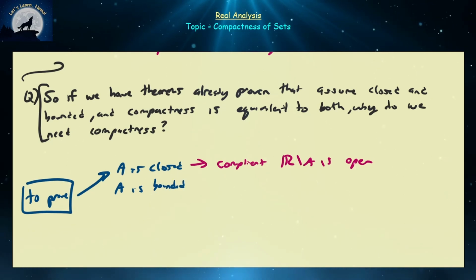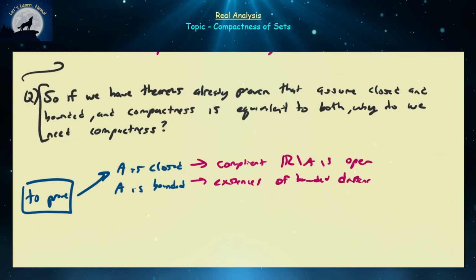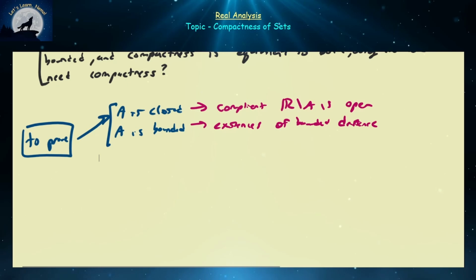So pretty much we need to show the existence of a bounded distance, so everybody within this set is relatively close to each other in the finite realm, right? And we have several theorems on how to show boundedness. But let's assume that those are the two things that we have to show.